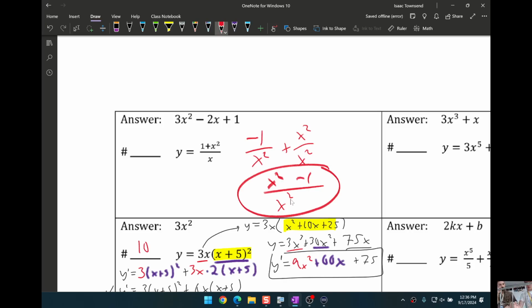And instead of saying 25 over x, what could you say? 25 times x to what power? -1. Okay, so you've got a minus 25x to the -1. Now it's been rewritten. We've distributed, and we split apart our fraction, and we simplified both fractions. So now just do power rule here and power rule there, and this should get you your answer.